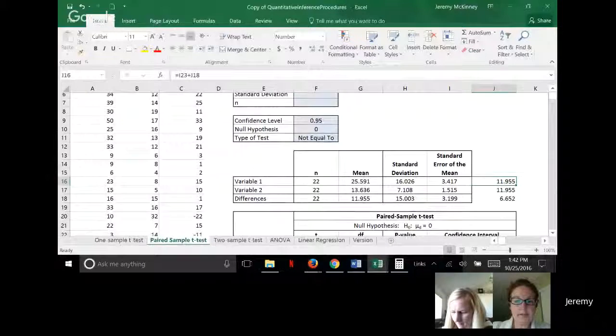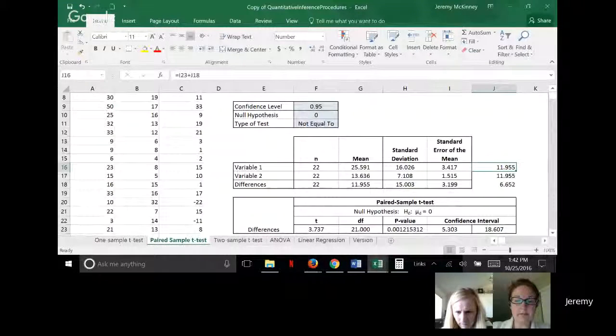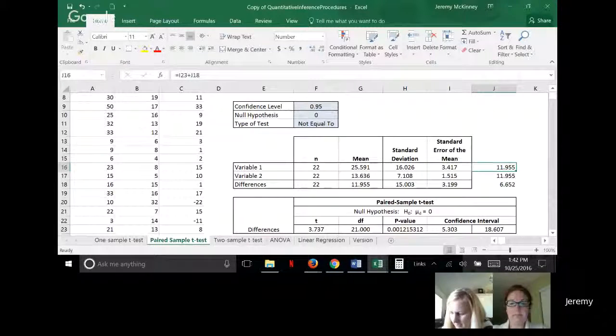So can you guys tell me how you get the margin of error again? I want to write it down. Sorry. You're fine. Go ahead, Jeremy. You take the high confidence interval, so the 18.607, minus the low.